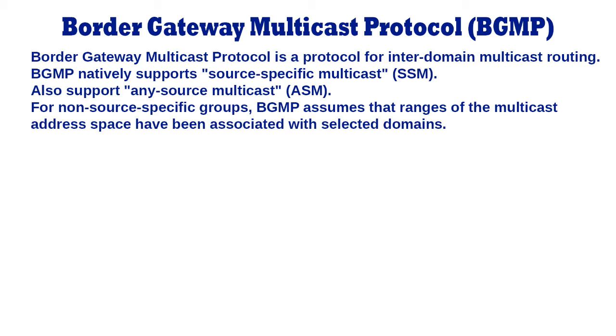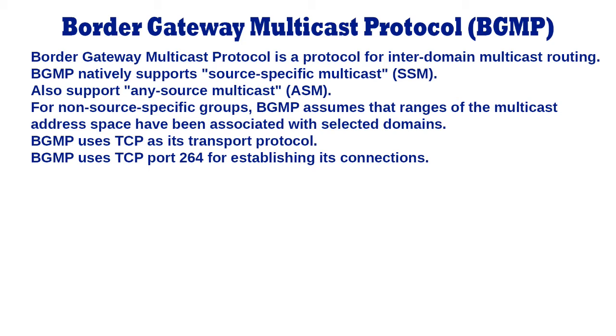An address allocator will generally achieve better distribution trees if it takes its multicast addresses from its own domain's part of the space, thereby causing the root domain to be local.